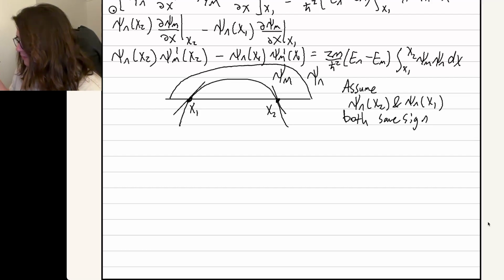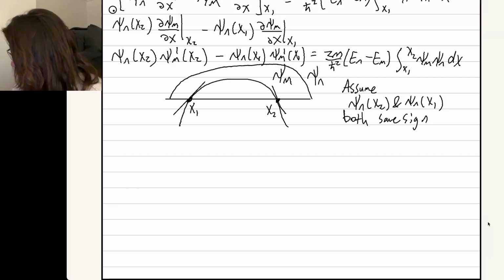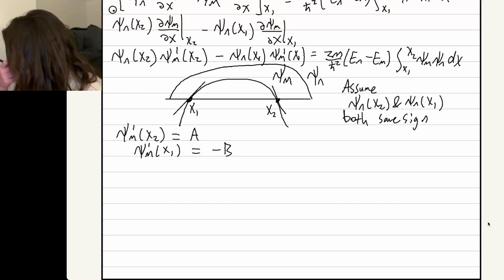So since we know that psi m prime of x1 and x2 are opposite signs, we can define them as constants just for fun. We'll define psi m prime of x2 as a positive constant a, or it doesn't have to be positive, but then psi m prime of x1 as minus b, with the definition that a and b share a sign.